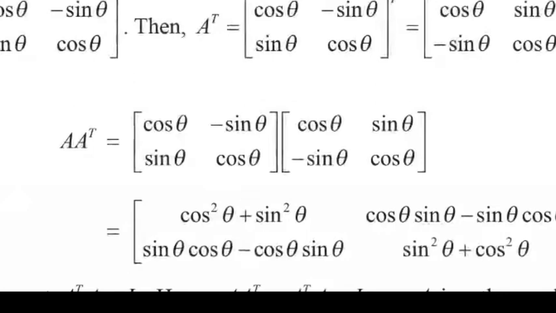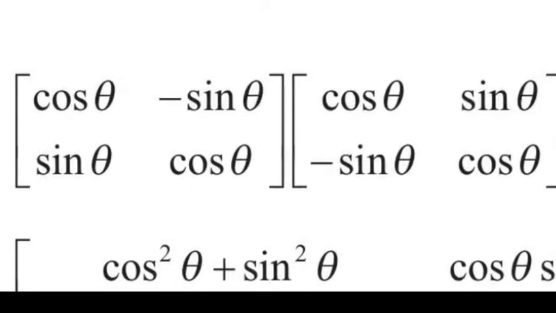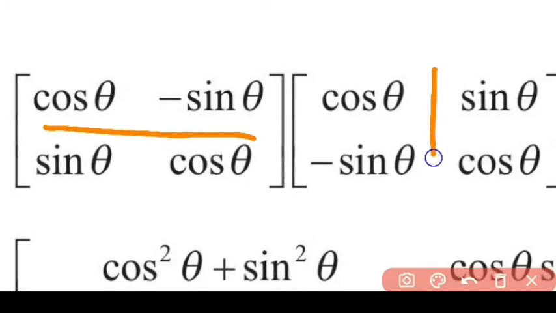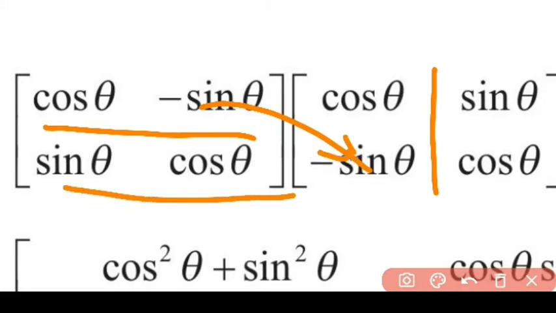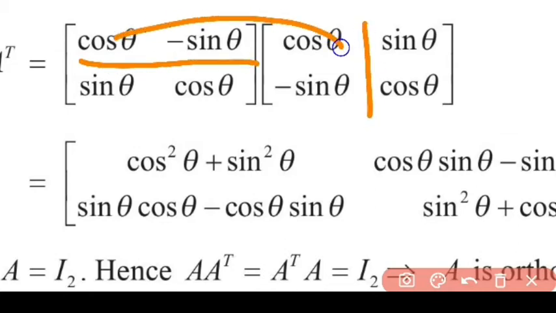So A matrix is cos theta, minus sin theta, sin theta, cos theta. Row into column, and for A transpose we change row into column. Here we do normal matrix multiplication. Row into column: cos theta into cos theta, cos square theta, minus into minus, plus sin square theta.